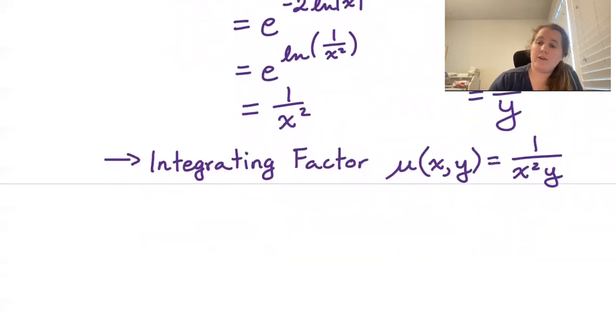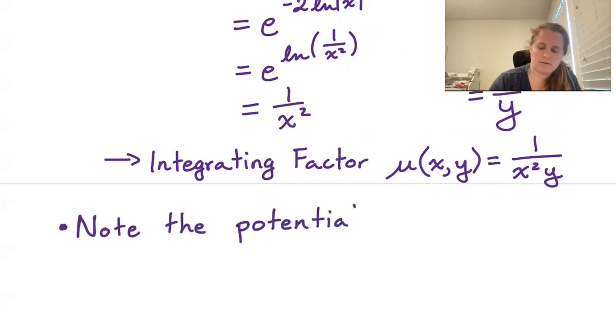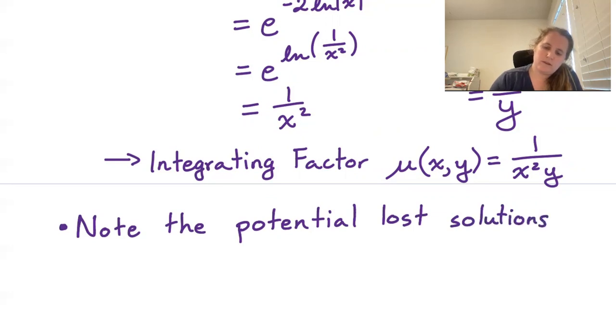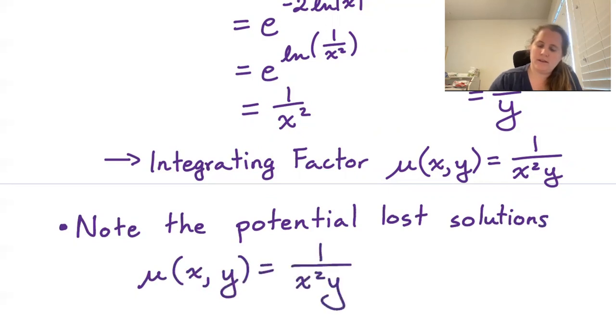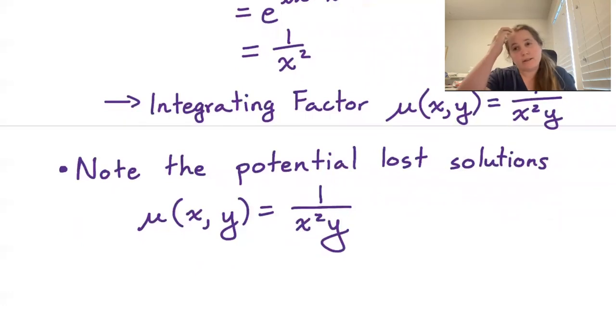Okay. Right off the bat, I'm going to note the potential lost solutions. So mu of x, y equaling 1 over x squared y. If x is equal to 0, this is always undefined, right?